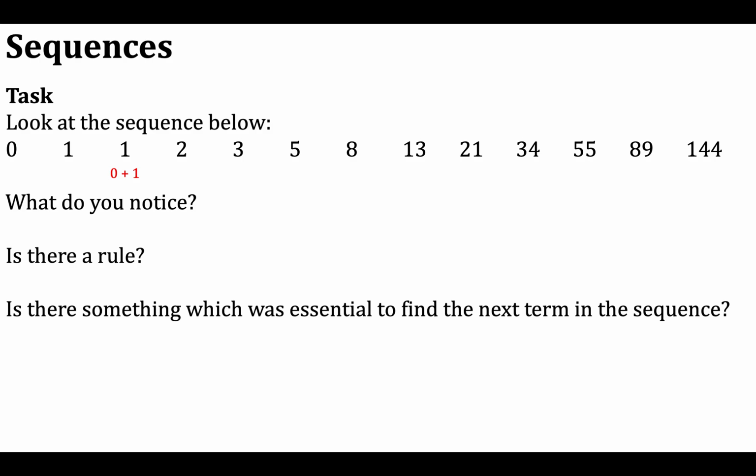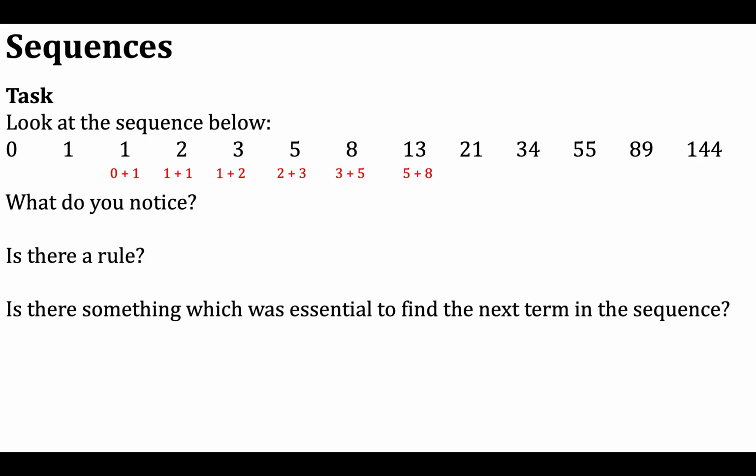You can see that the third term, 1, is the sum of the previous two terms, 0 and 1. The same for 2, that's the sum of 1 and 1. Same for 3, it's the sum of 1 and 2. 5 is 2 plus 3. 8 is 3 plus 5. 13 is 5 plus 8, etc.